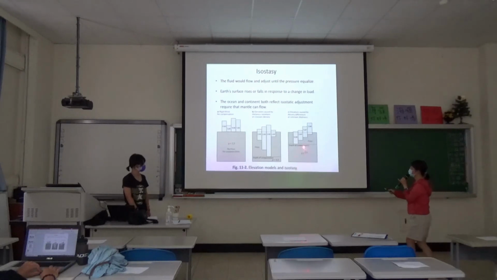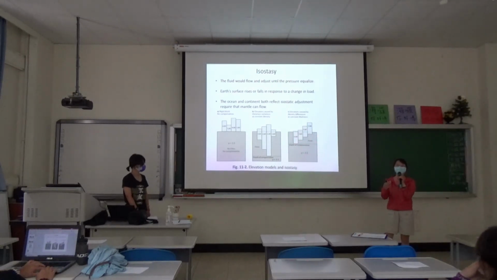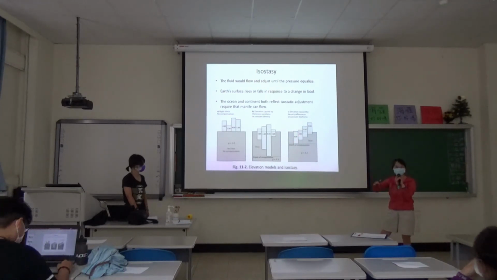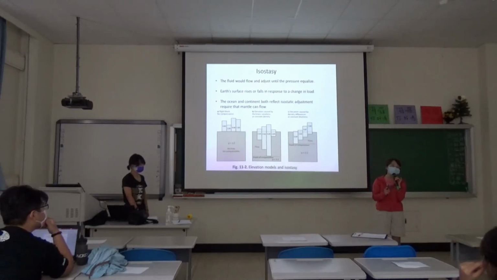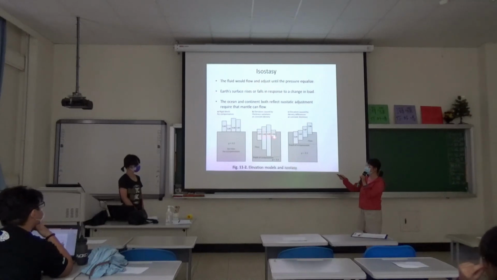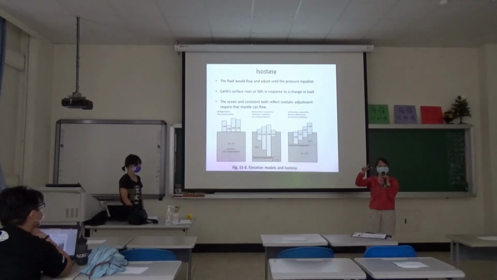So this one actually explains better if you consider both continental crust and oceanic crust, because continental crust has a density of about 2.65, and oceanic crust is a little bit heavier. Then you will expect that because of its higher density, it will sink deeper into the mantle. However, if you consider all the continents, they have relatively the same density, but their thickness varies a lot.